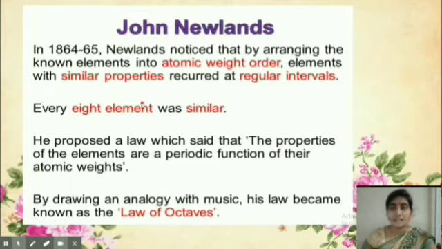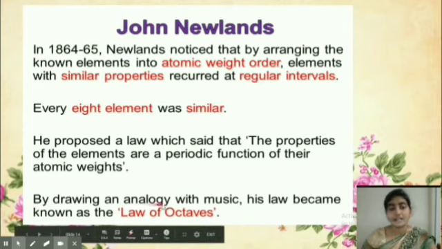Newlands proposed a law which states that the properties of the elements are a periodic function of their atomic weights, by drawing an analogy with music. His law is known as the law of octaves. Newlands compared it with the octaves found in music.